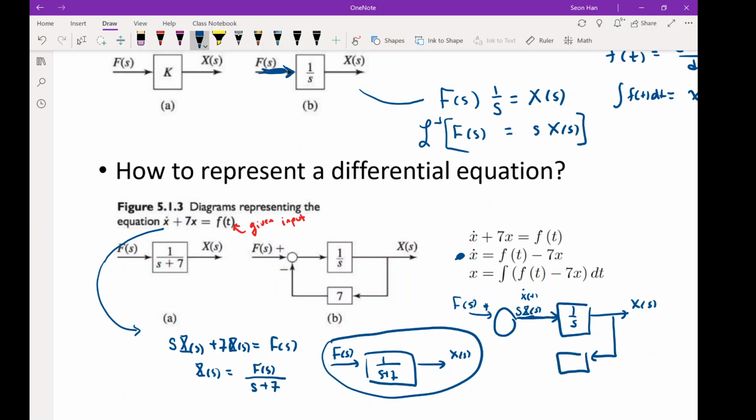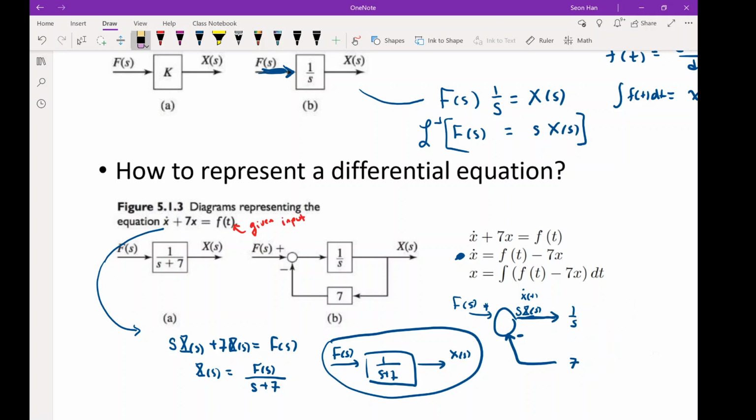So multiply 7 times x before you feed it to the summing circle, before you add them together, and this should be negative. So this is the picture in B. Sometimes the reason why we use the second type of block diagram is because it gives us more detail about the system.